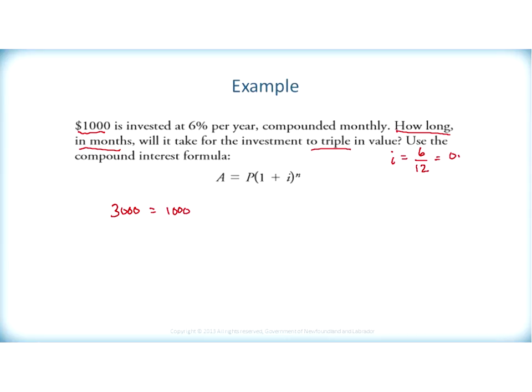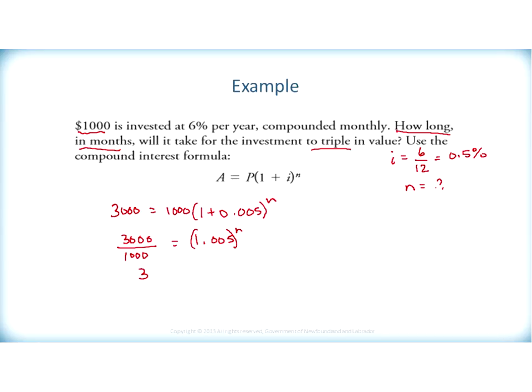This will give 0.5%. So it'll be 1 plus 0.005 to the power of n, and we're going to figure out what n equals, the number of months. So we take the 3,000, and we divide it by the 1,000 to get the power, 1.005 to the power of n, to isolate that.